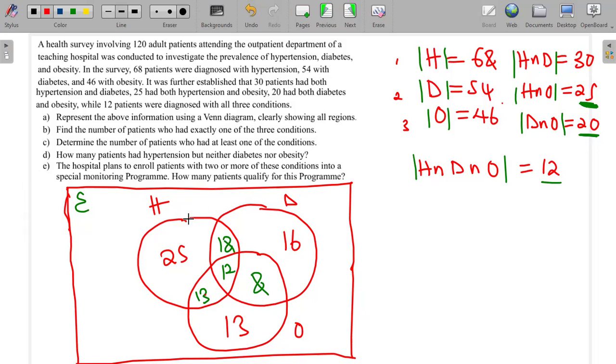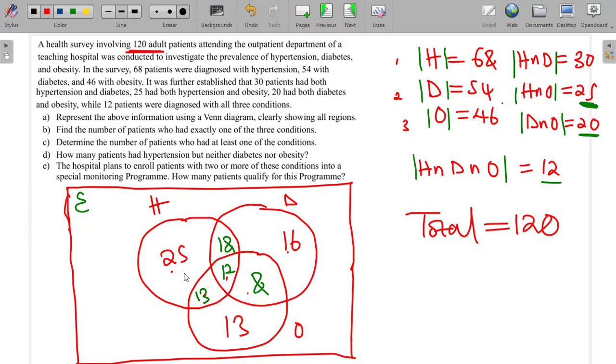Okay, so do these numbers here add up to what we had? Remember, the total here was 120. So when I add all these numbers, am I going to get 120? So I'll just add them: 25 plus 18 plus 16 plus 13 plus 12 plus 8, this one, plus 13.